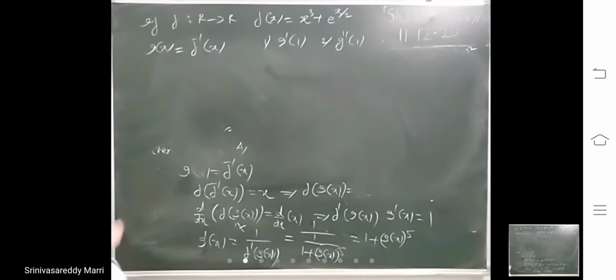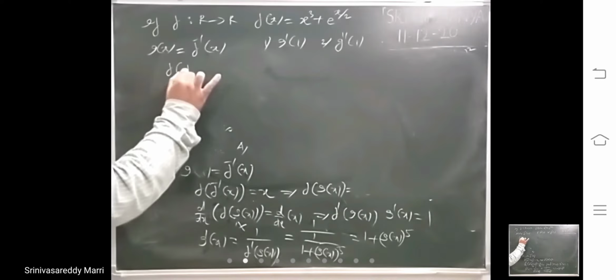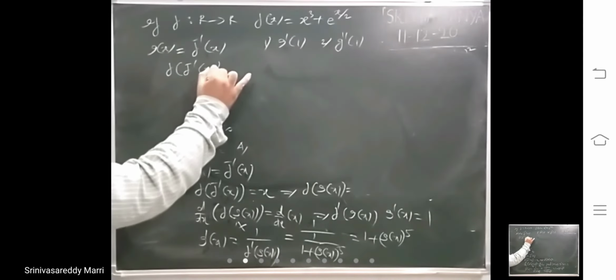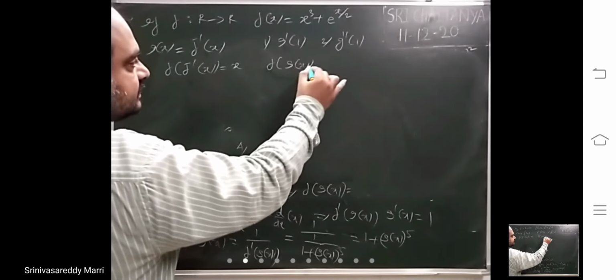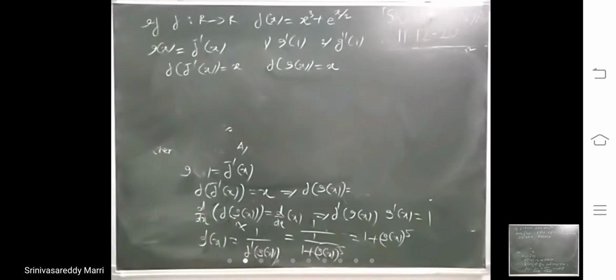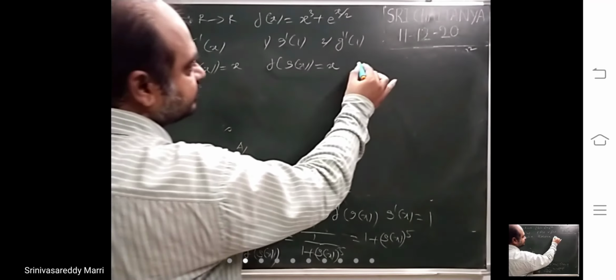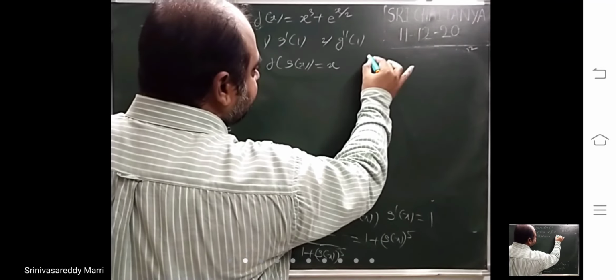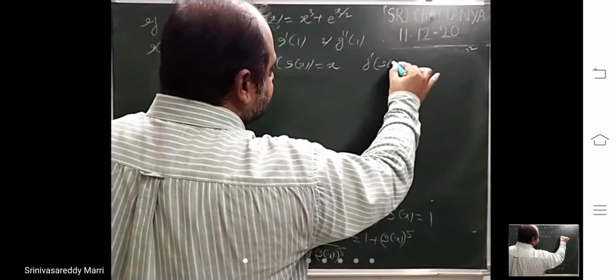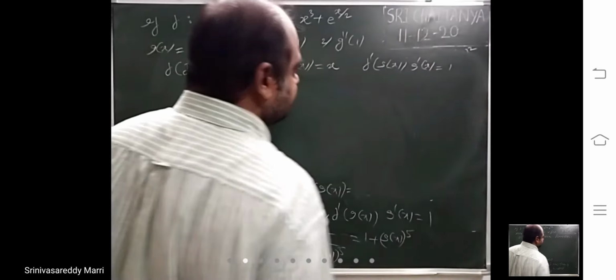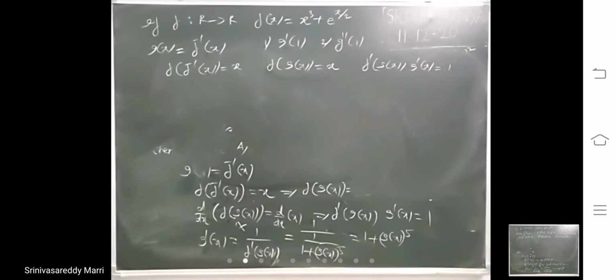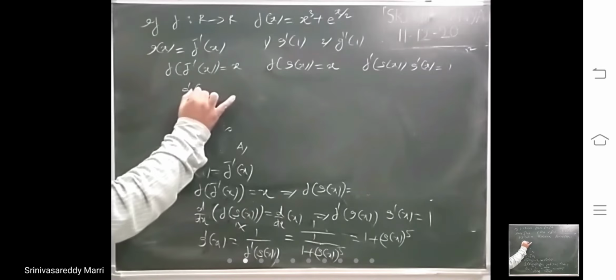Now look, we will proceed the same way. So f inverse x is given as g of x. We will do the derivative on both sides. You will get f dash g of x into g dash x equal to 1.